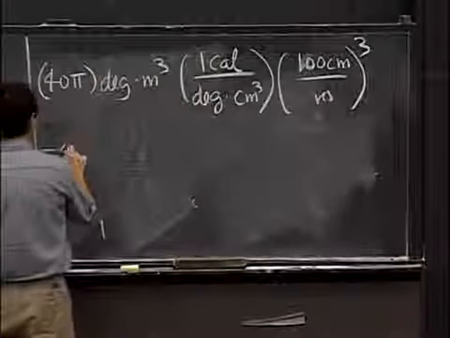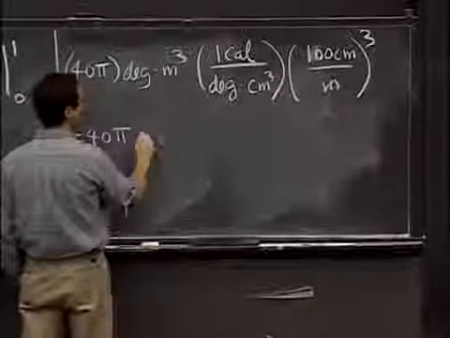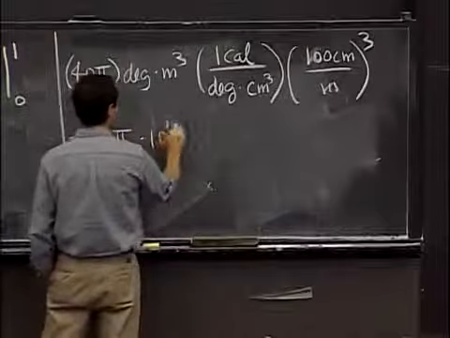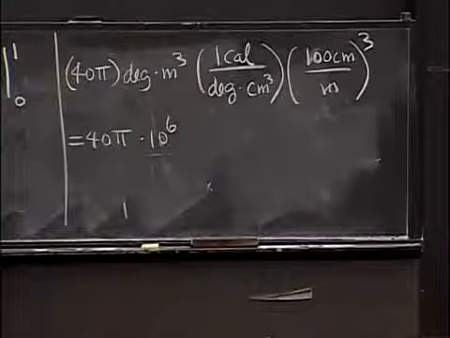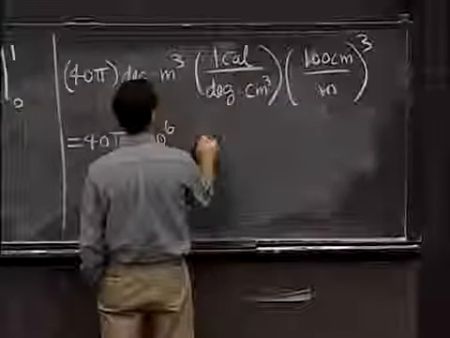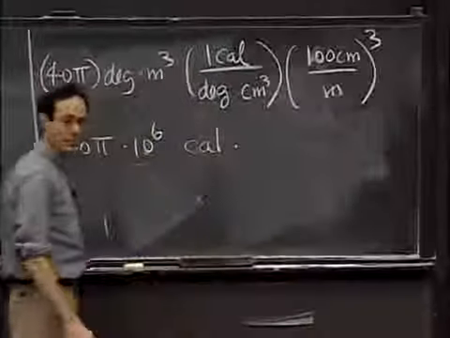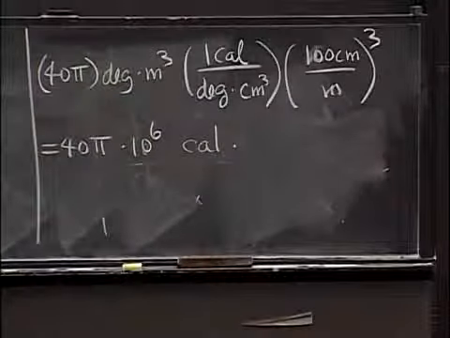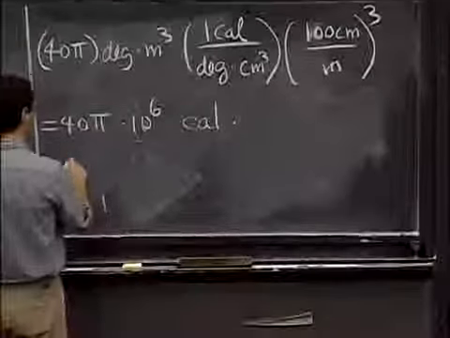And so I get 40 pi times 10 to the 6th, that's 100 cubed. And this is in calories. Right? So how much is this?